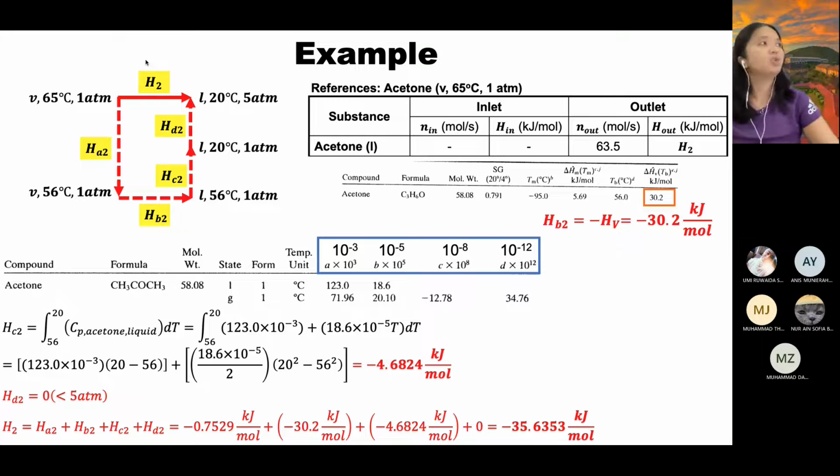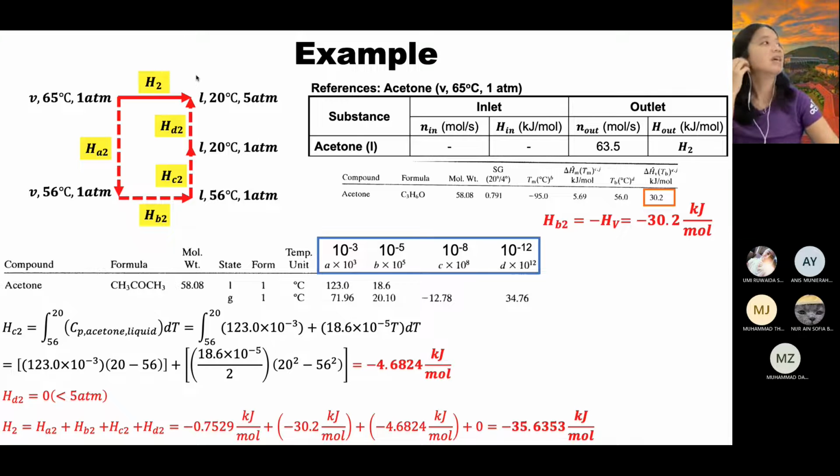So nak kira H2, you have to plus HA2 plus HB2 plus HC2 plus HD2, you get your H2, which is negative 35.6353. Okay, sebab tu saya tengok sini. Saya dah tahu, sebelum kamu kira pun saya tahu H2 mesti negatif.